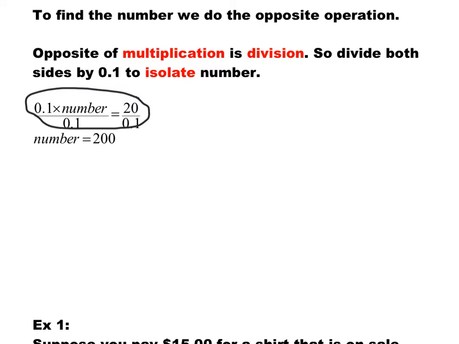Now if you use your calculator, 20 divided by 0.1 is going to give you 200. So this means the number has to be 200. To test, I'm going to multiply 0.1, which is the percent, times 200. I'm going to get 20, which is what the question was asking for.